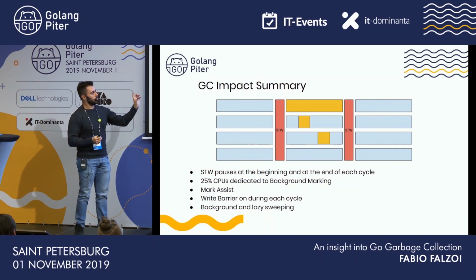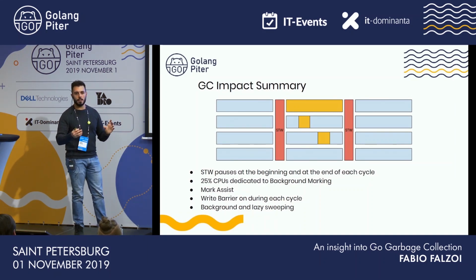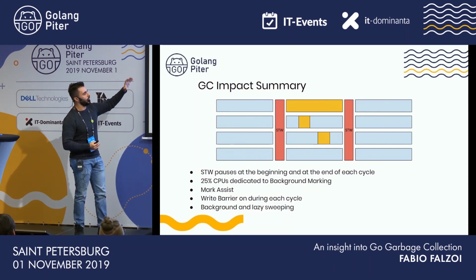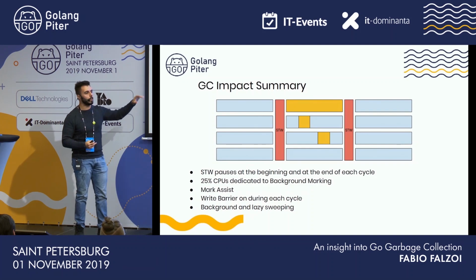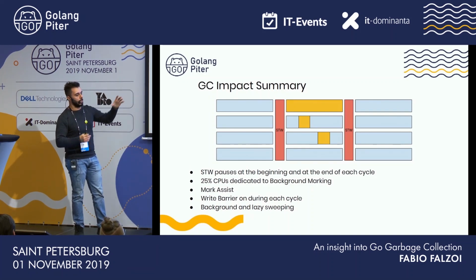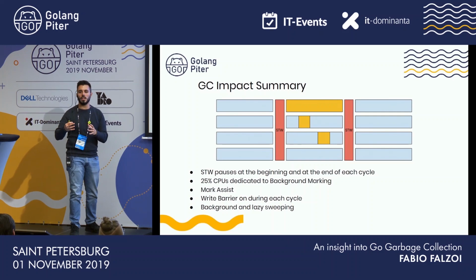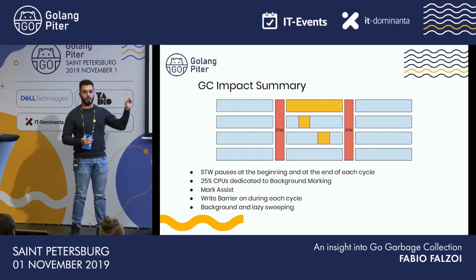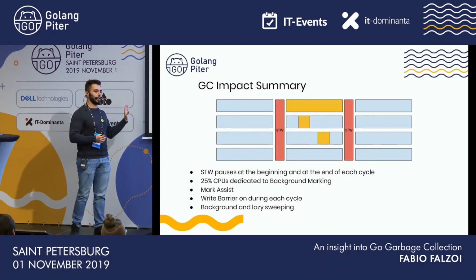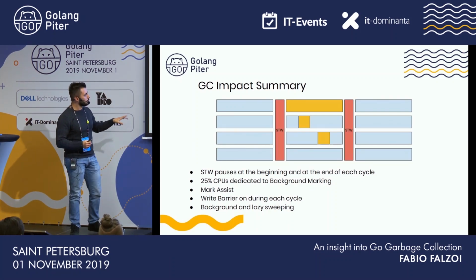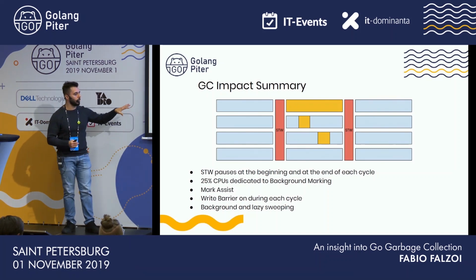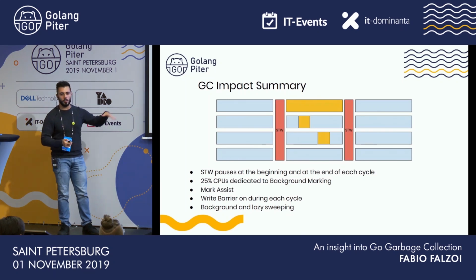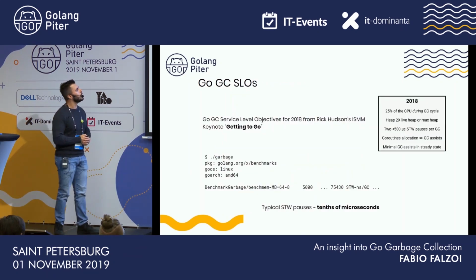Inside the two stop-the-world pauses, we have the marking phase with 25% of virtual processors dedicated to background marking. And also over there, you can see the mark assist requested of goroutines that are allocating too heavily. During the marking phase, the write barrier is always on. Outside the marking phase, the write barrier is off. And we also have the impact of sweeping, but since, as I said, sweep is really fast, we can avoid considering sweeping for our reasoning.